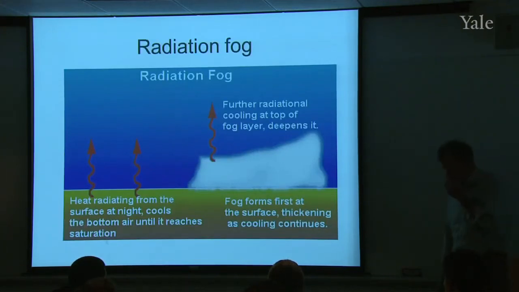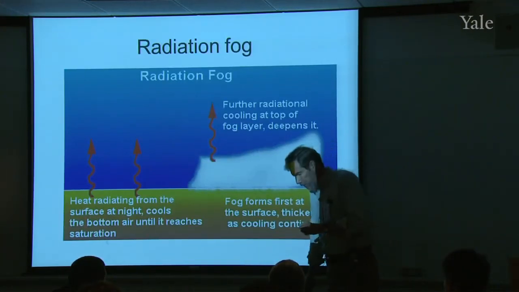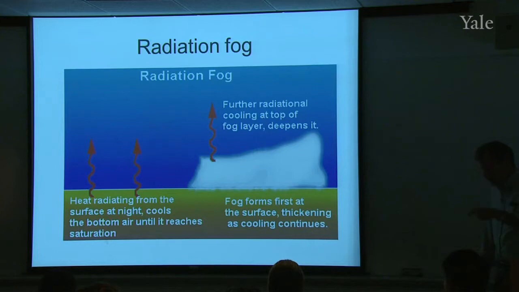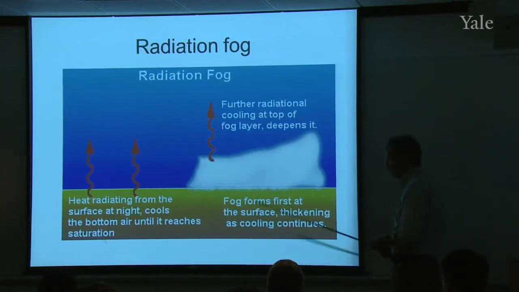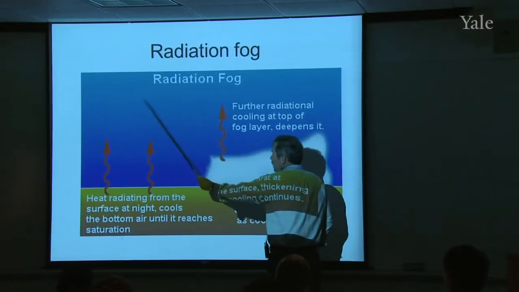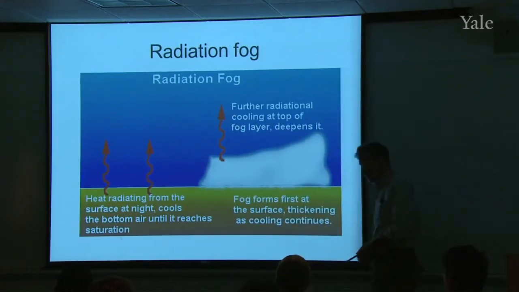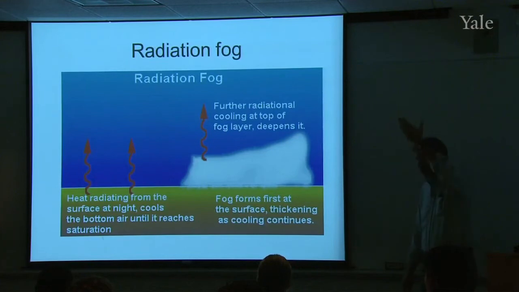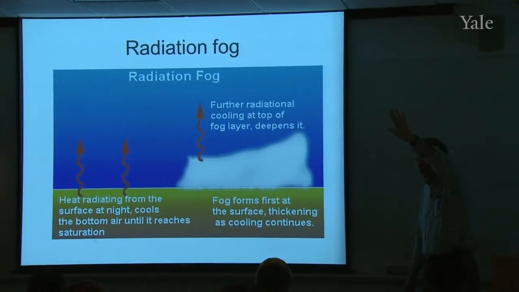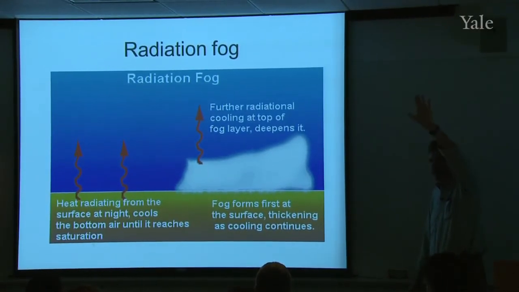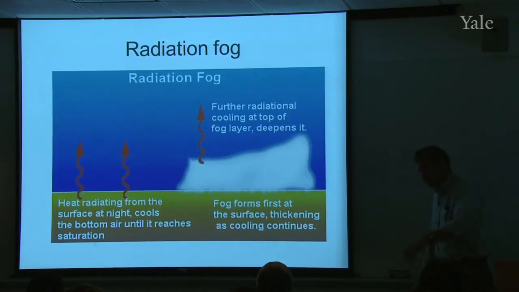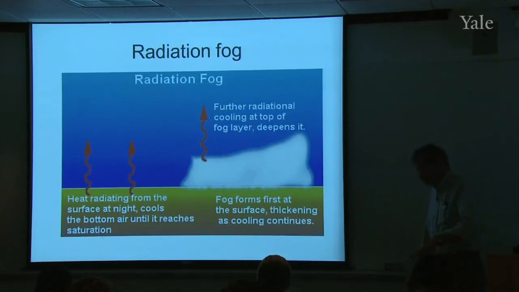Okay, now radiation fog is an example of how we're going to cool the air off, ultimately causing fog. The way you do that is usually to have a clear night, no clouds above, so the infrared radiation from the Earth's surface can escape very handily. Maybe a good half of it escapes to space, which cools the surface of the Earth down several degrees overnight.